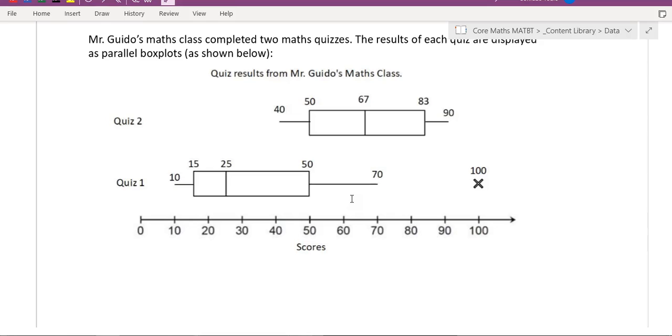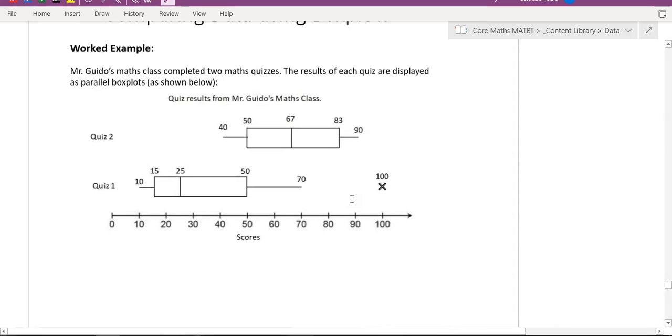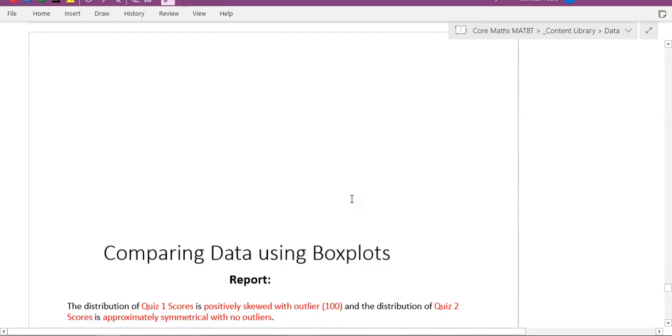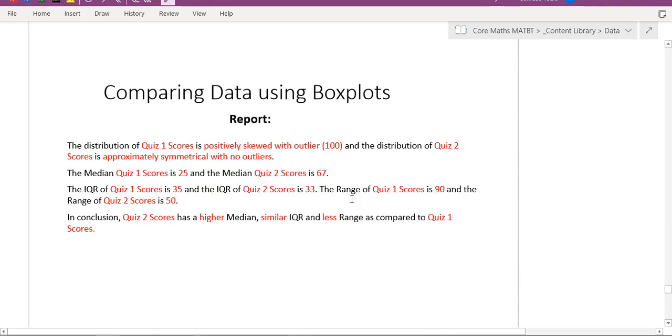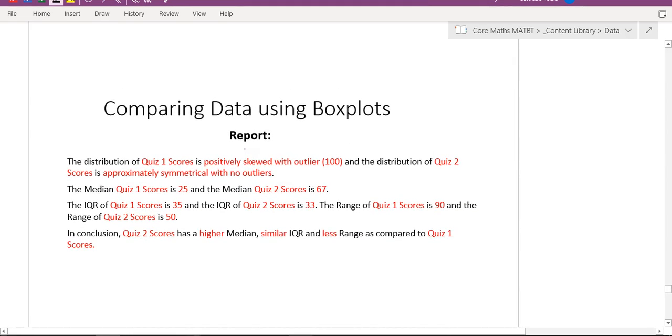So shape is the skew, center is the median, the spread is IQR and range, and then outliers is if there are any outliers. So if we look at this example, I can already see that they've made a report here, and it says that the distribution, so the shape of quiz 1, is positively skewed with an outlier of 100, and the distribution of quiz 2 is approximately symmetrical with no outliers.